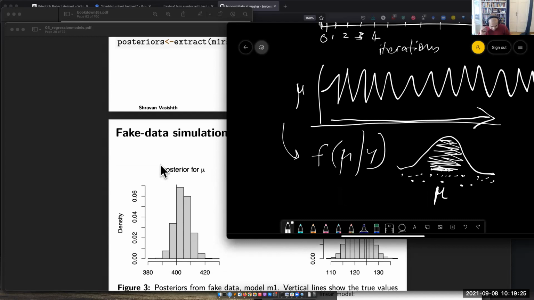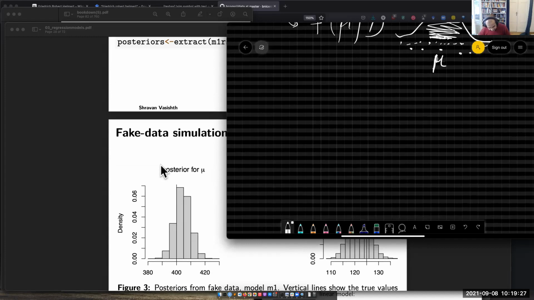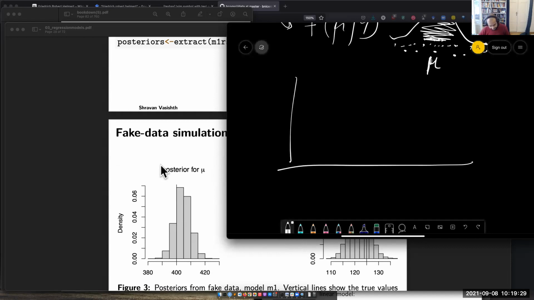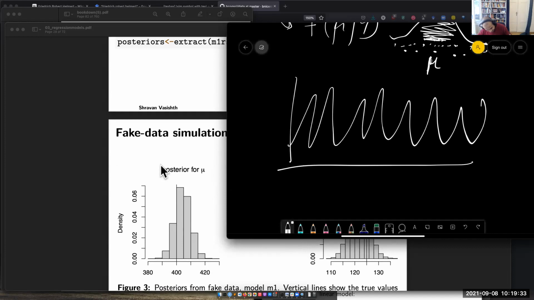So the interesting thing is that when the sampler is doing its sampling over many, many iterations, what we do typically is we ask Stan to run 4 separate instances of those samples. We call those chains. So this is another chain. Let me see if I can get a third color.